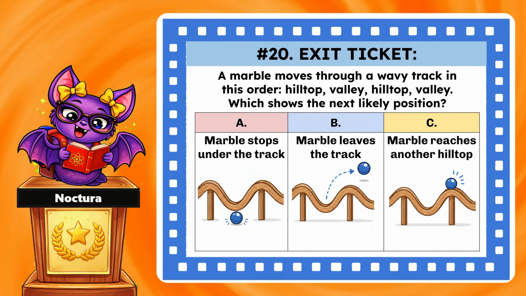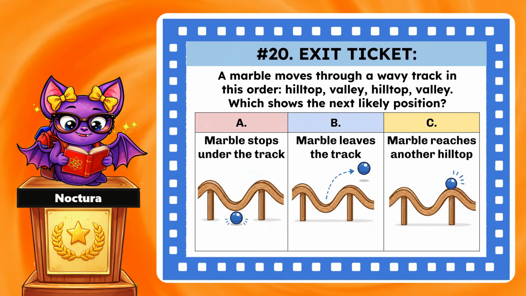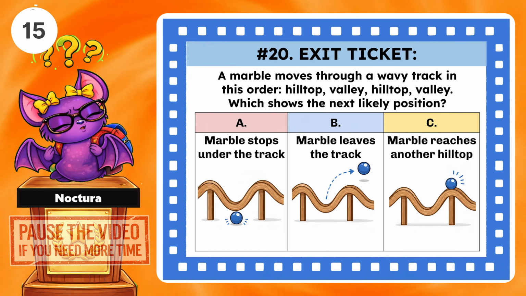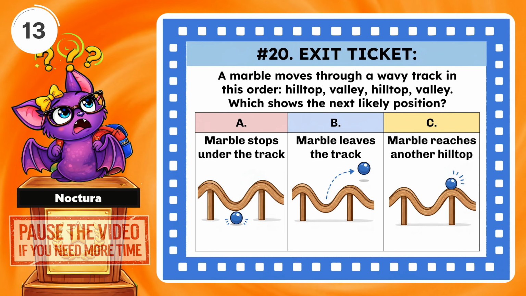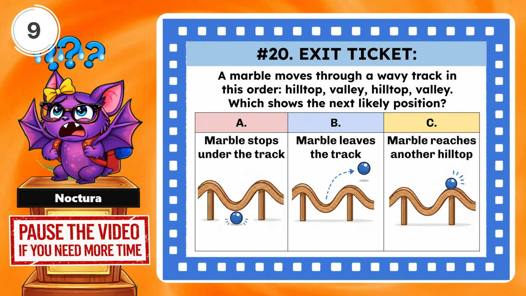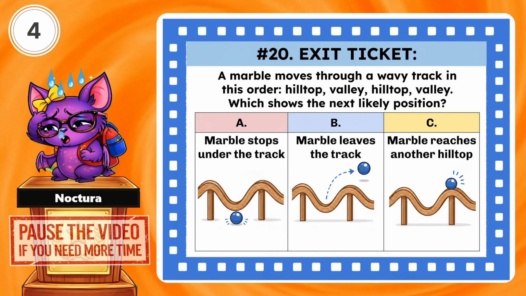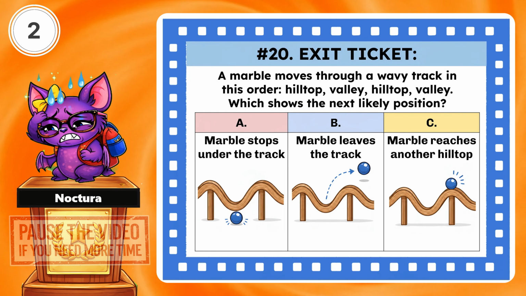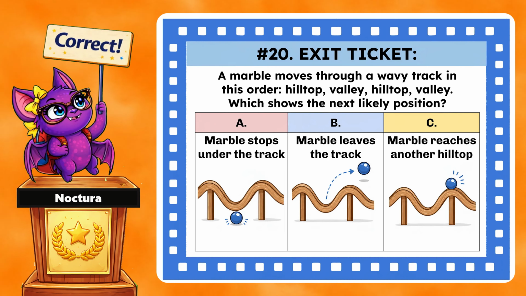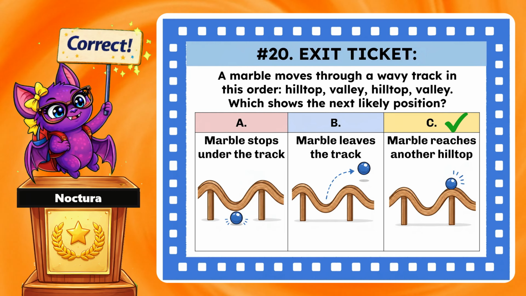A marble moves through a wavy track in this order: hilltop, valley, hilltop, valley. Which shows the next likely position? And the correct answer is letter C, marble reaches another hilltop.